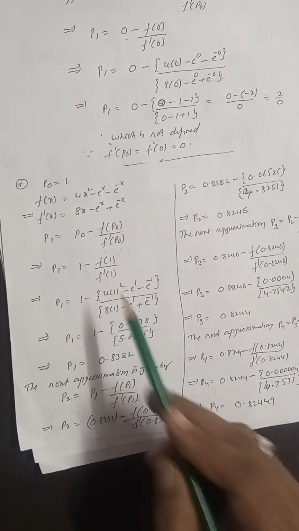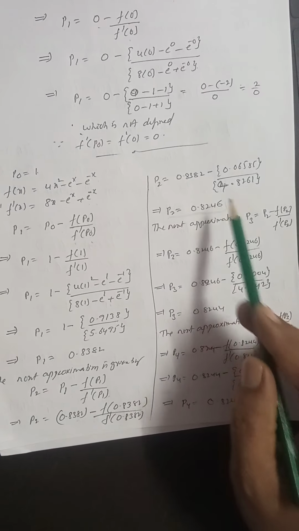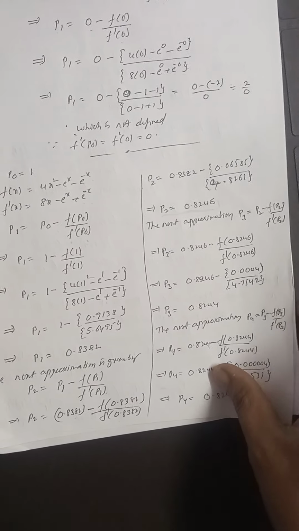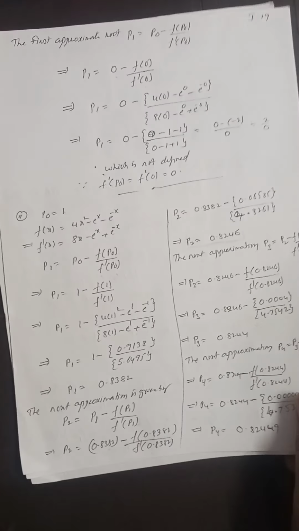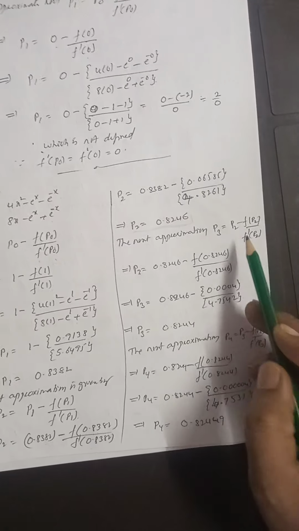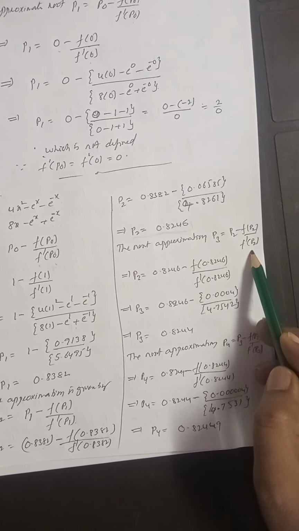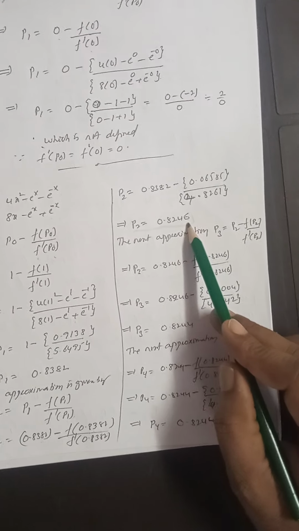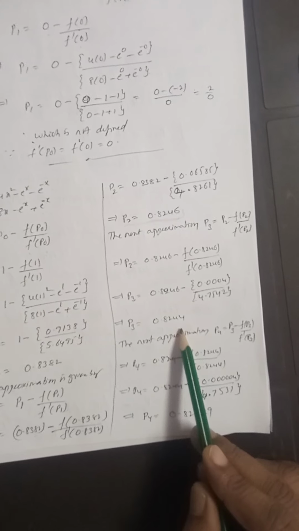Simply substitute those values and by simplifying we are getting P2 is equal to 0.8246, right? Now the next better approximation is denoted by P3. What is the P3 formula? P3 is equal to P2 minus f of P2 by f dash of P2. Right? We know P2 value. Again we are substituting in this formula. We are getting P3. Right?